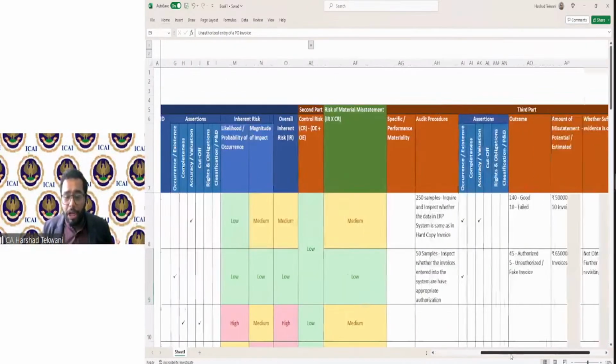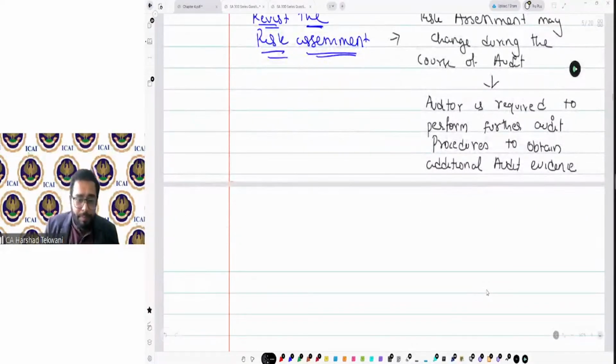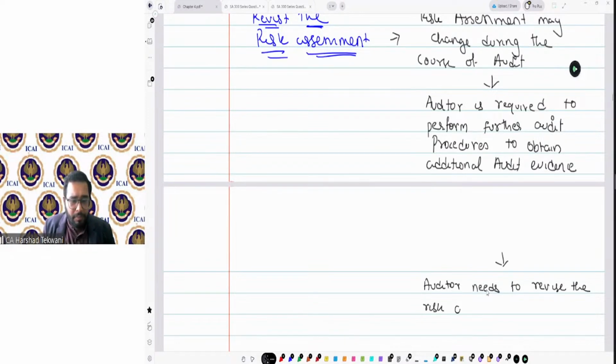I may scrutinize that particular vendor for which the fraudulent invoices are there. So the auditor needs to revise the risk assessment and modify the further planned audit procedures.